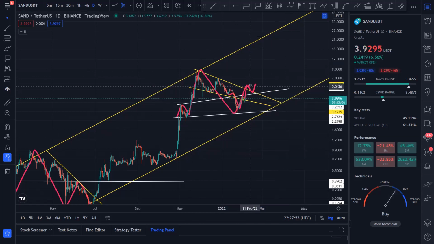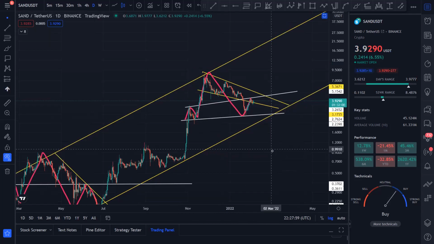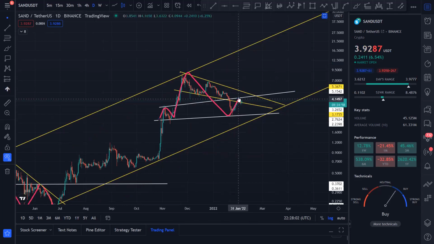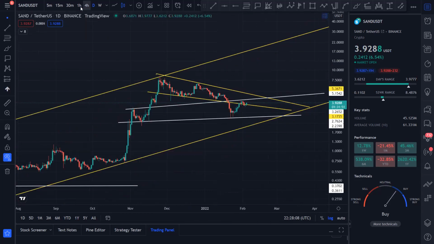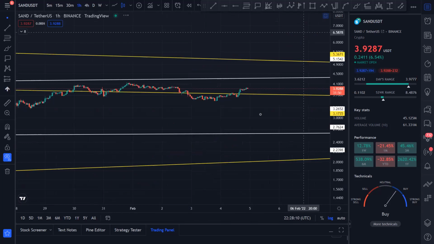Now let's take this off. It's already hit the resistance and came down. Now it's trying to go back and hit it again. So we can take a look at what's going on in a lower time frame.